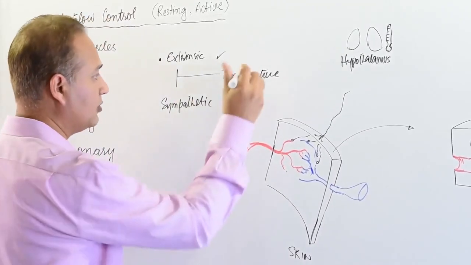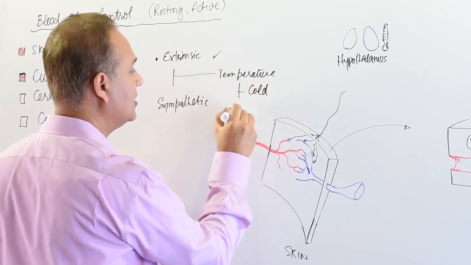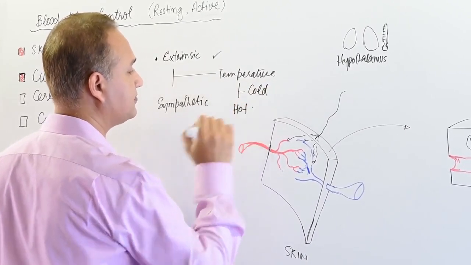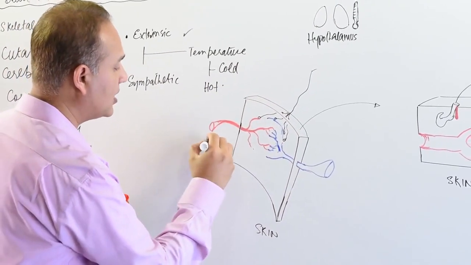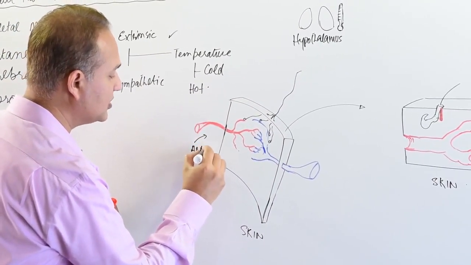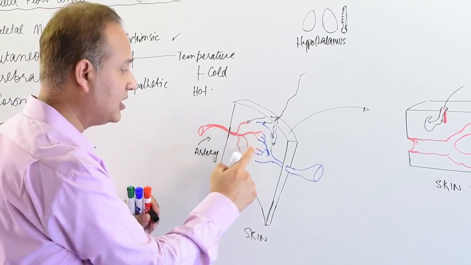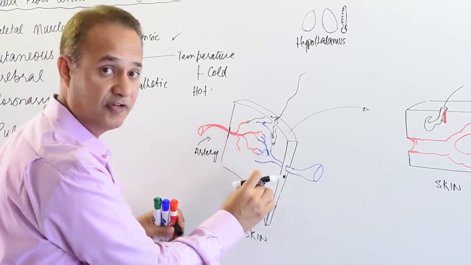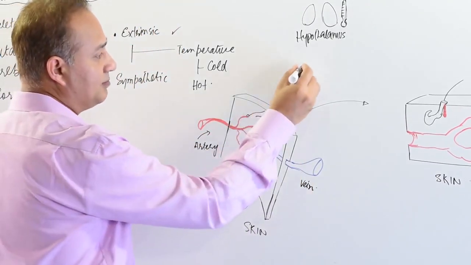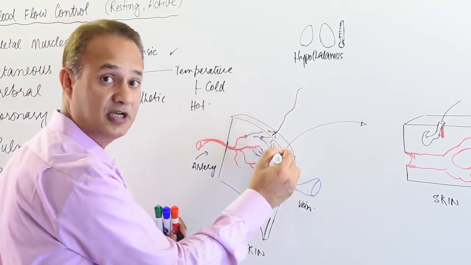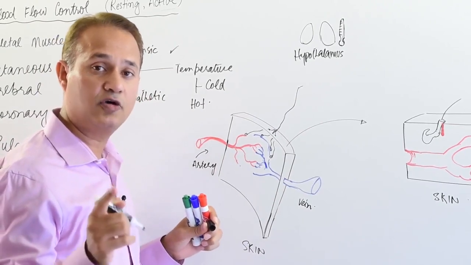When we talk about temperature control, we should talk about what happens during the cold and what happens during the hot times. So here in this diagram, we've got a piece of skin where there is an artery bringing the blood in. This artery then divides into arterioles, and then capillaries combine to make venules, veins, and finally this is the vein that is coming out of it. There is sympathetic innervation to the arteries and veins in case of skin blood flow control.